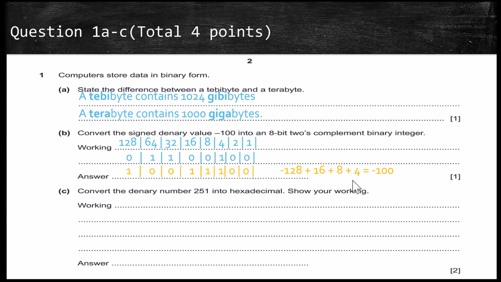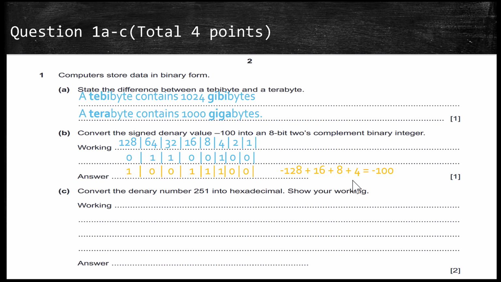Convert the denary number 251 to hexadecimal. Show your working. You'll notice this one is worth 2 points. You can't go straight from a denary number into hexadecimal. Well, you can if you divide it by 16, because hexadecimal is base 16. What I would recommend is you take 251 and convert it into binary, which is very, very simple.